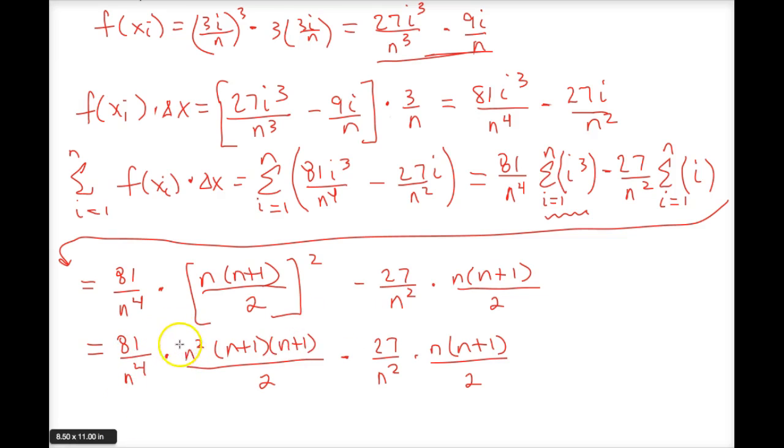And so here we know that this and this will simplify to just n squared. That will go to 1, and that will just go to n.